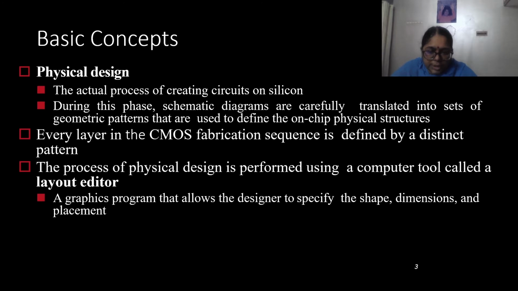On this CAD tool, we are going to draw the schematic and convert it into mask layout. Similarly, we can directly draw the mask layout which can be given to the fabrication unit for fabrication of the chip.